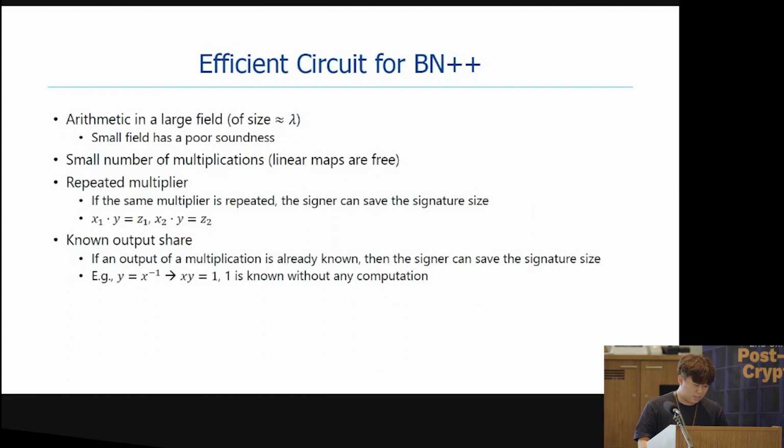The last one is known output share. If the party knows some output of a multiplication, then the signer can save signature size. For example, if y equals x inverse is an S-box, then x times y equals 1, and 1 is known beforehand without any computation.